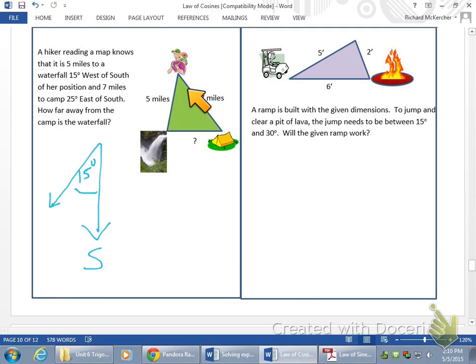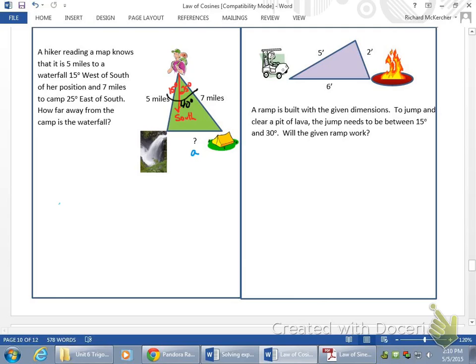So that's up in this little corner right here. And 7 miles 25 degrees east of south, that would be the other direction. So that puts that up there. So really that tells me that that big angle up there is 40 degrees.